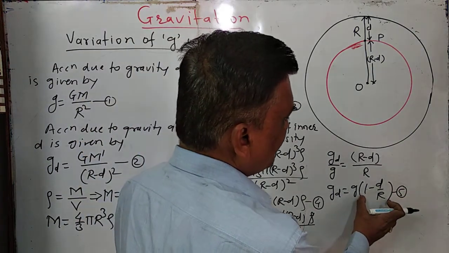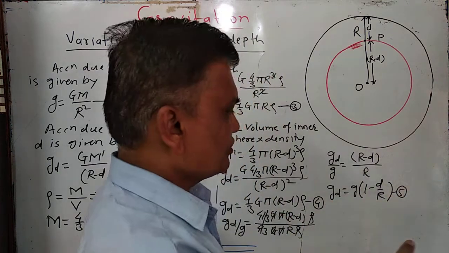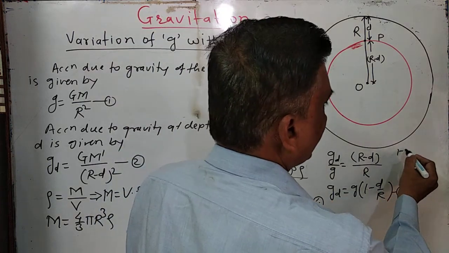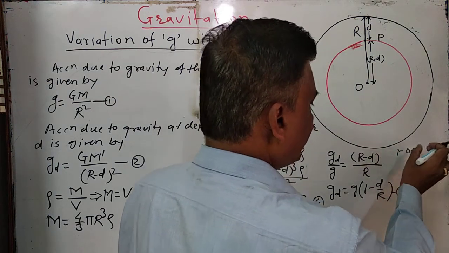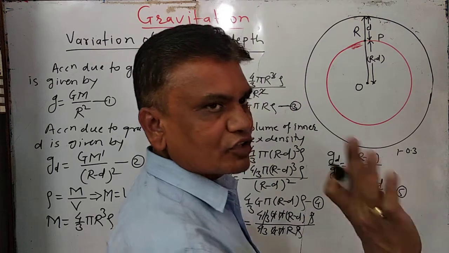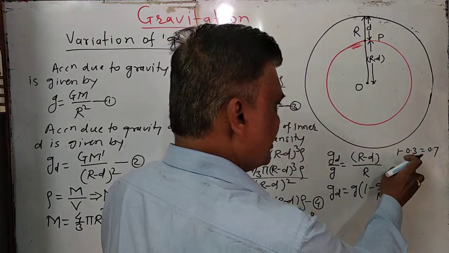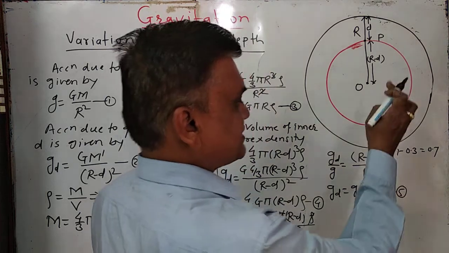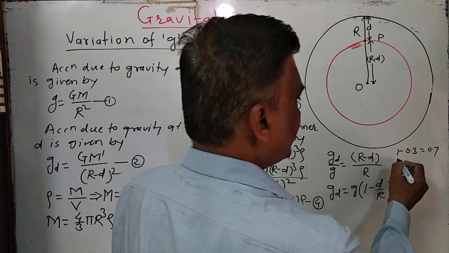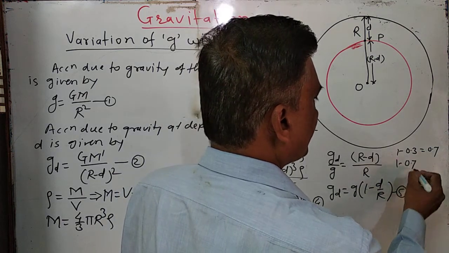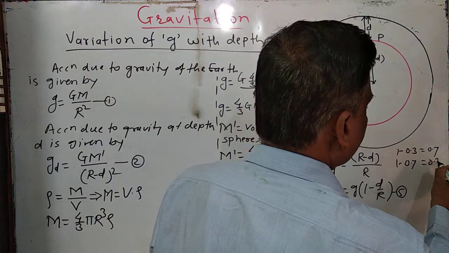If the bracket decreases, then gd also decreases. Suppose 1 minus 0.3, where 0.3 is the ratio d by R, equals 0.7. Now if d increases and R is constant, suppose the ratio becomes 0.7, then the bracket equals 0.3.